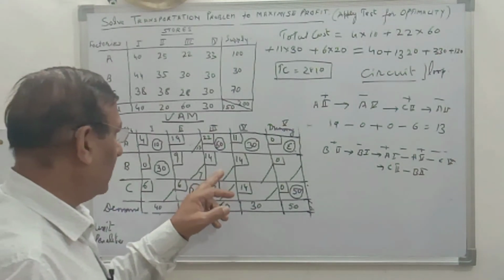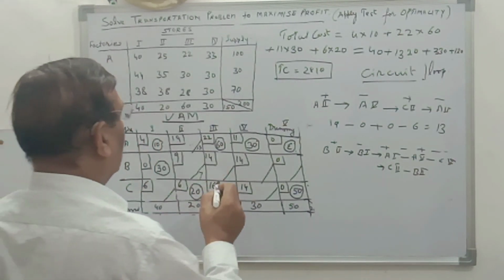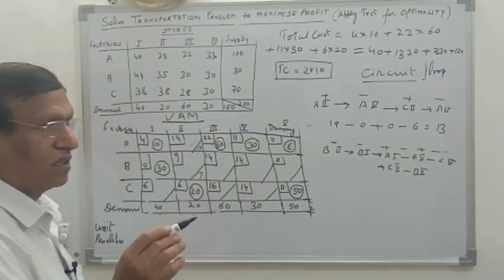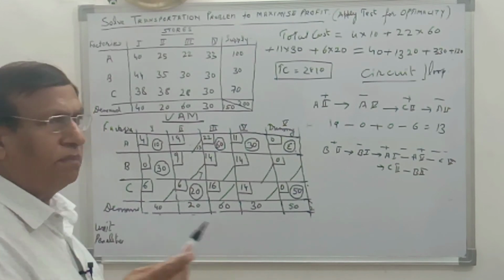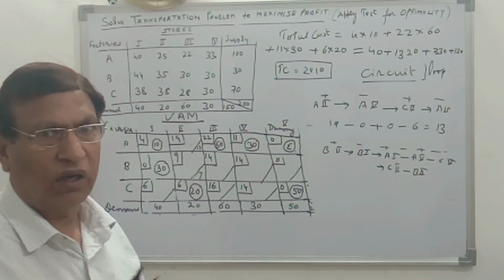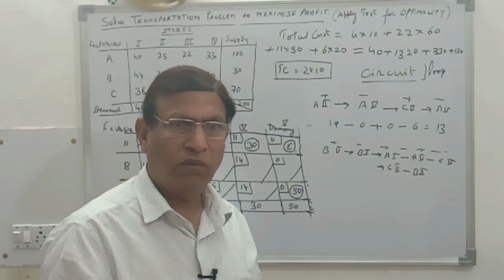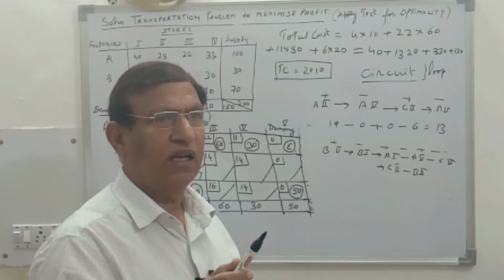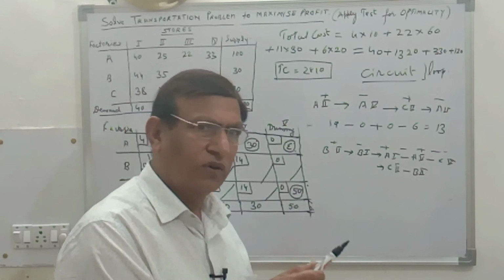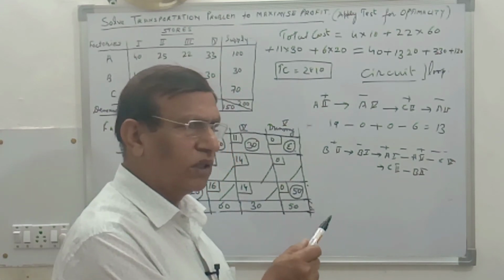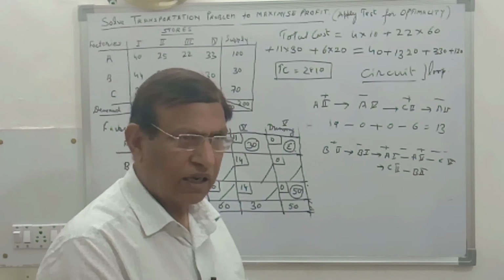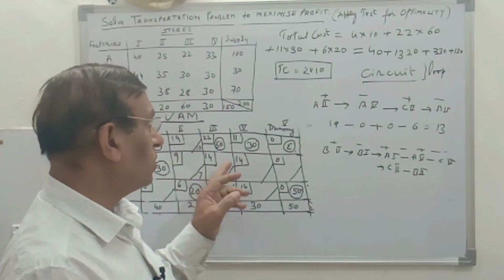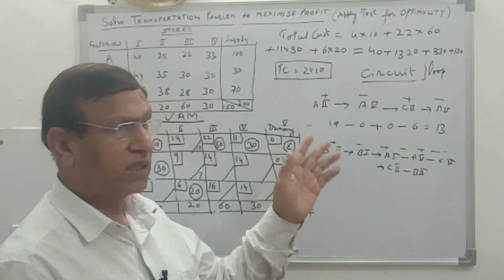Now this is the blank cell. Now you have to try and search out the circuit. That is the simple funda of drawing the circle: starting from the blank cell, go in the direction of an occupied cell and take the turn from that occupied cell to another occupied cell, again take the turn and come back to the cell, and calculate the opportunity cost by plus minus plus minus.